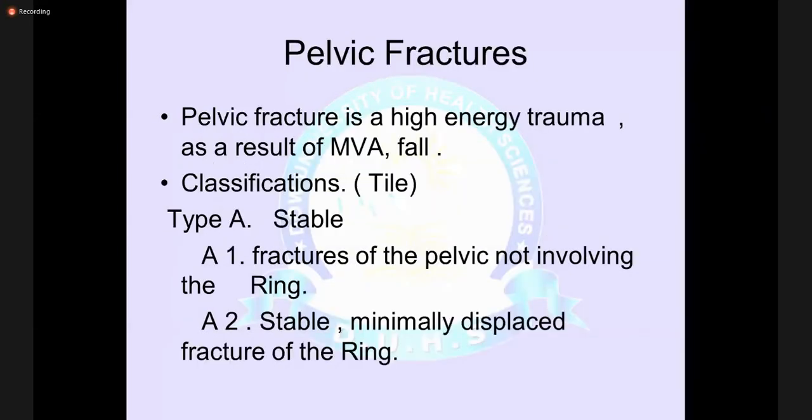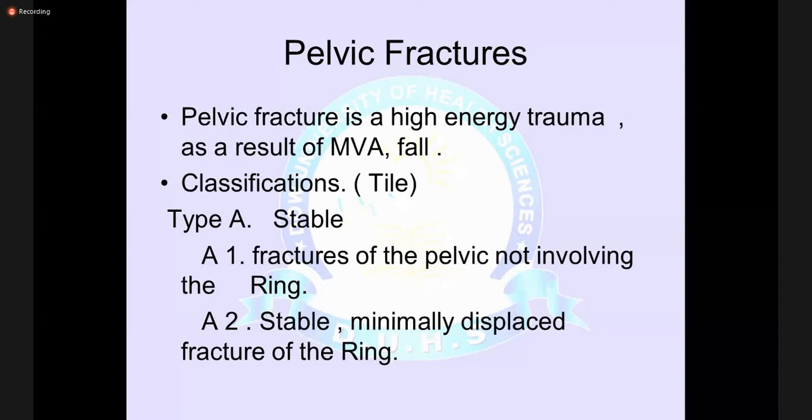For pelvic fractures, different types are present. They are classified according to the level, into stable and unstable fractures. Pelvic fractures are caused by high energy trauma, motor vehicle accidents, and falls from height.